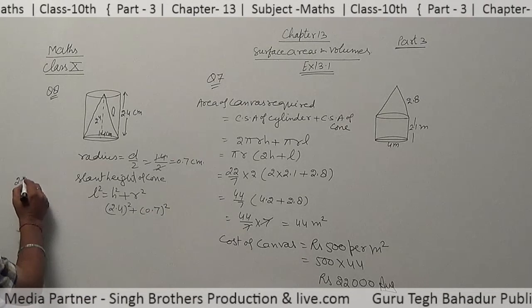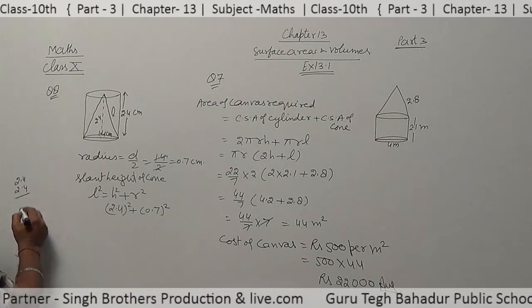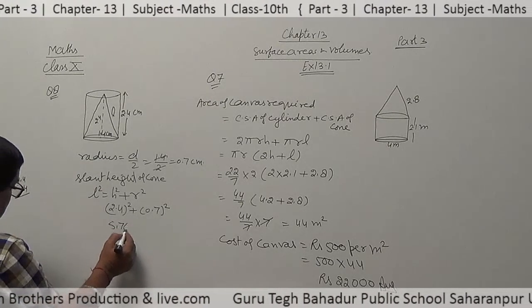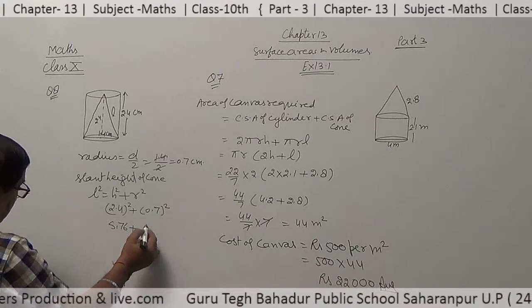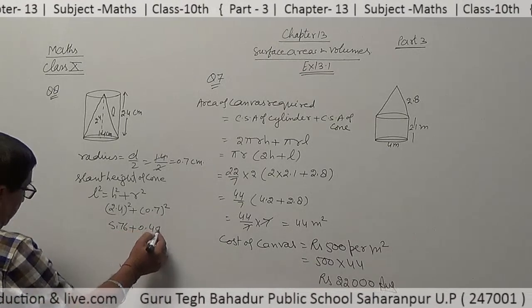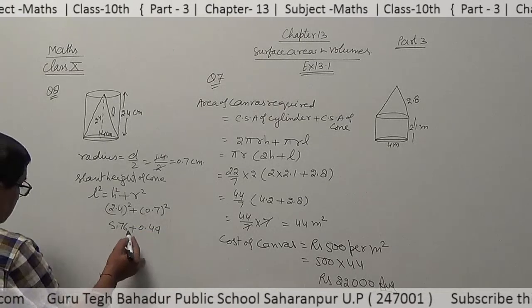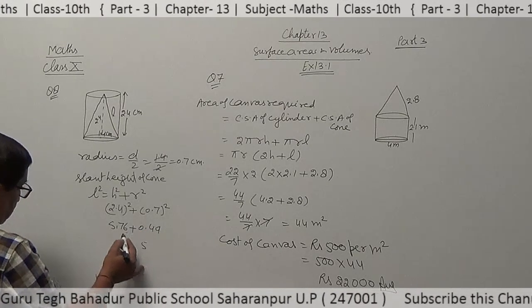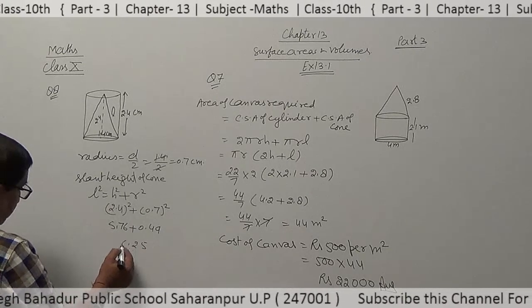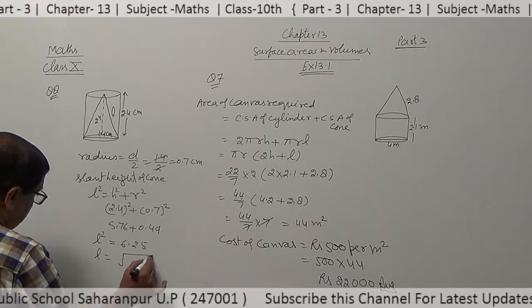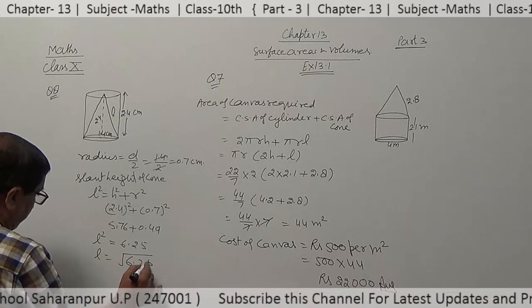2.4 into 2.4 multiplied, you will get 5.76. 7 7s are 49, 0.49. Now you add it, you get 6.25. This is L square and L is the square root of 6.25.